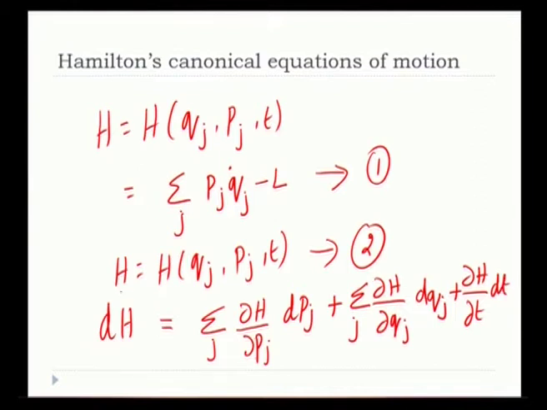This is how the general variation of the Hamiltonian can be obtained. Keep this as equation 3.